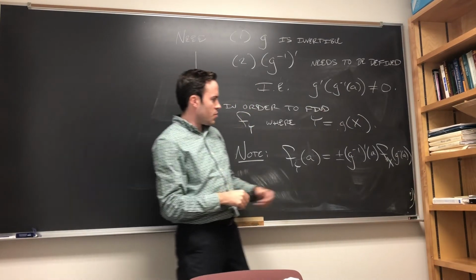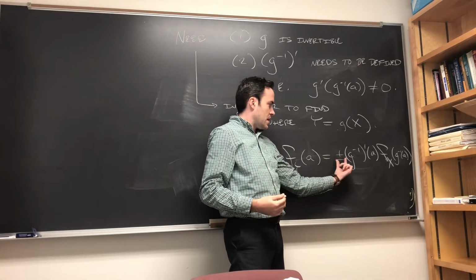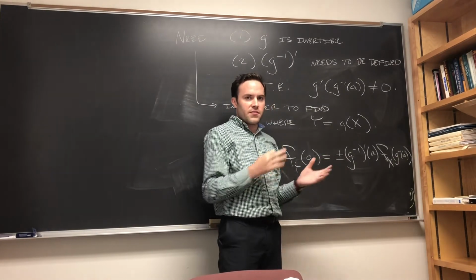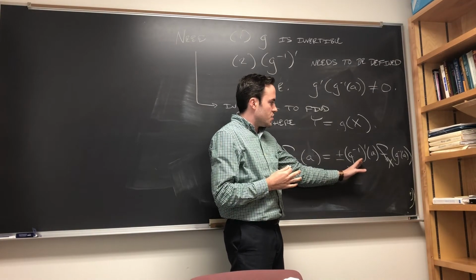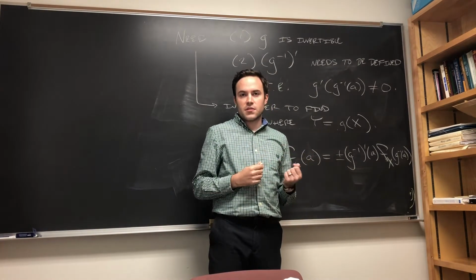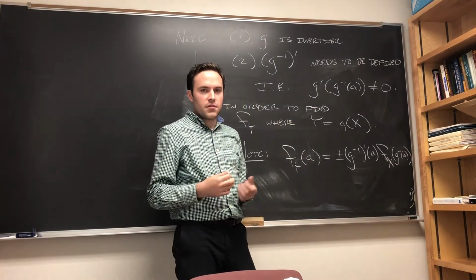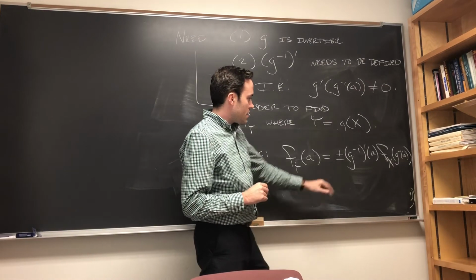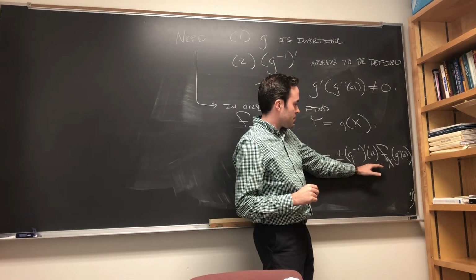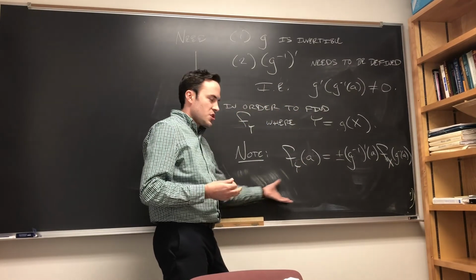All right, so I'm just incorporating this into one line here. It's plus or minus this, where it's not an arbitrary plus or minus. It's a very definite plus or minus, depending on whether or not G itself was increasing or decreasing, right? Think like e to the x versus 1 over x, increasing versus decreasing.